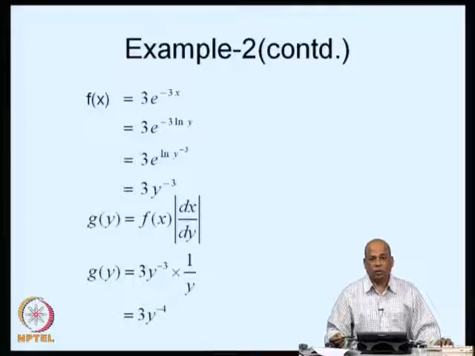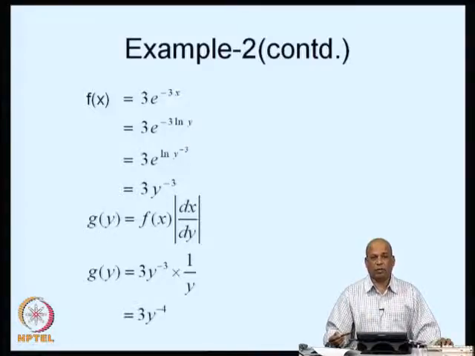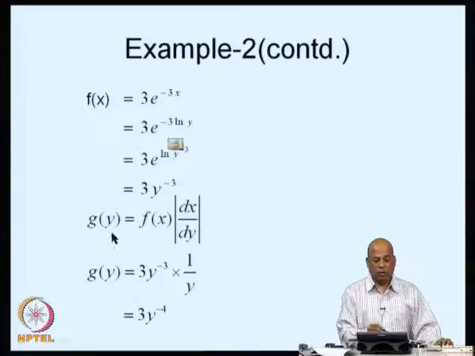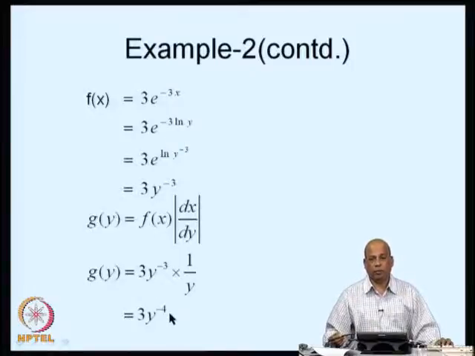Because the transformation y is equal to h of x is a monotonically increasing function, we use this expression. It is valid whether the function is increasing or decreasing, but in this particular case it is increasing. g of y is equal to f of x times the absolute value of dx by dy, and dx by dy is 1 by y, and therefore, you get g of y is equal to 3 y to the power minus 4.